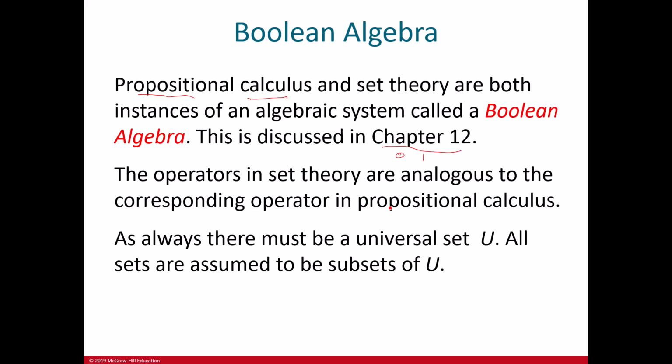When we introduced propositional calculus, we did something similar. We defined operations, and the operations were the and, the implication, the or, the negation. If you recall, when we covered propositional calculus, what matters for us is the truth. So there was some sort of binary result, something either true or false.